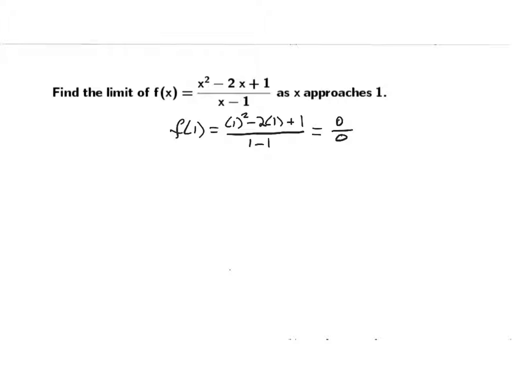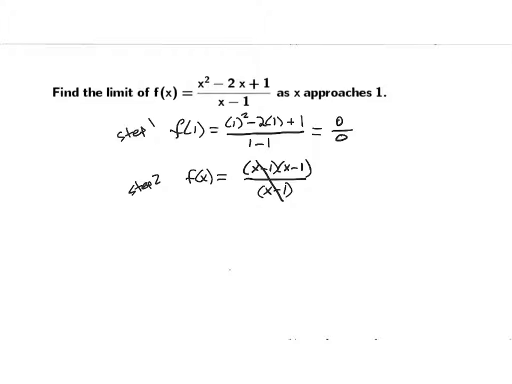So step 2 was to factor and cancel. So let's go ahead and factor. Now step 2, we'll factor and cancel. So let's see if we can factor x squared minus 2x plus 1. Let's rewrite that as x minus 1 squared. And in the denominator, we have x minus 1.